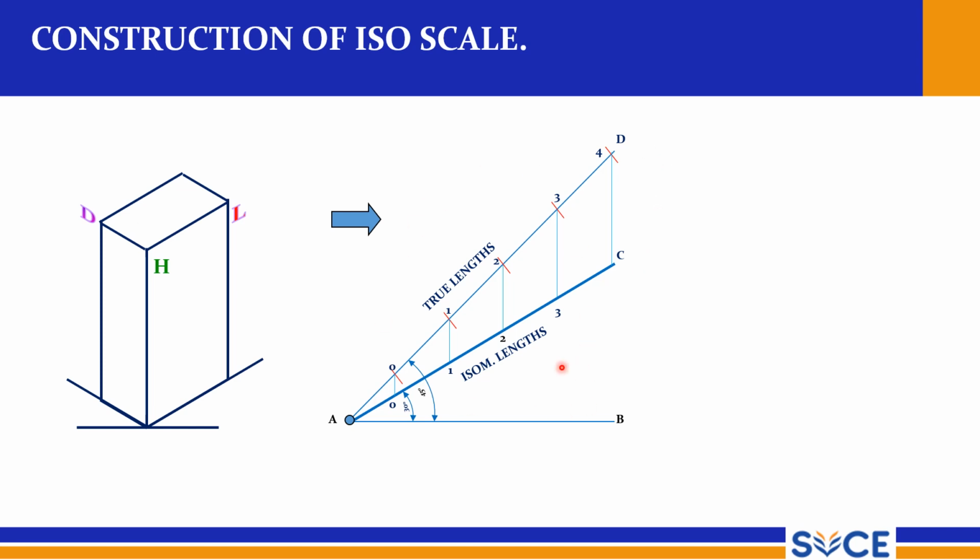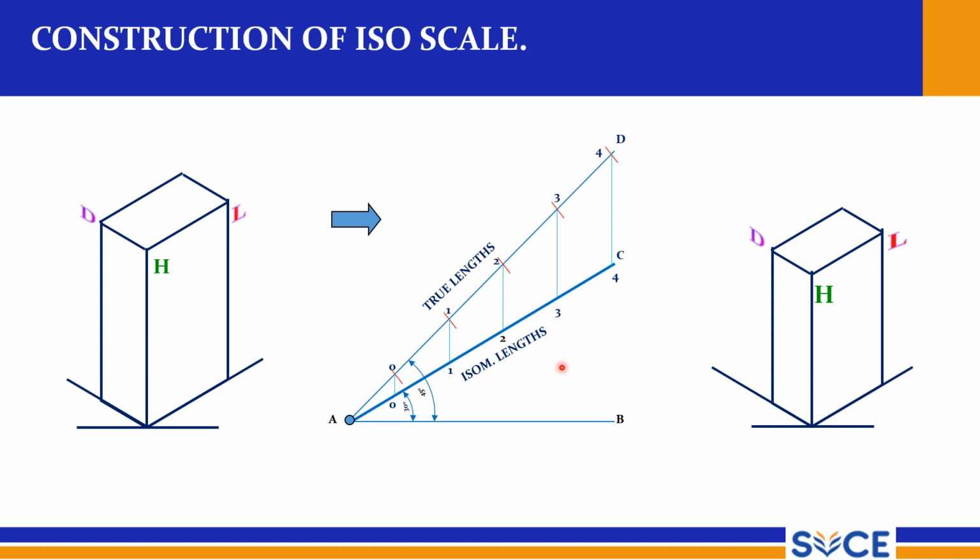This is a simpler method than the other method which is available. This is the actual three-dimensional diagram, known as the isometric view. Once you convert this to isometric projection, it will be smaller than this view, because you are multiplying with a value less than 1, and that value is 0.82.